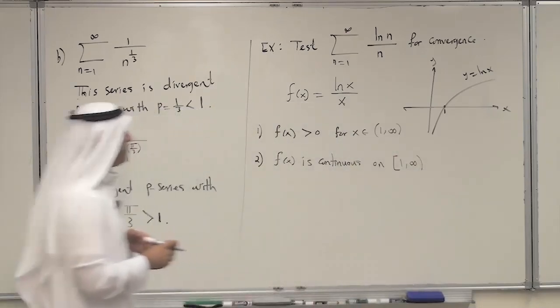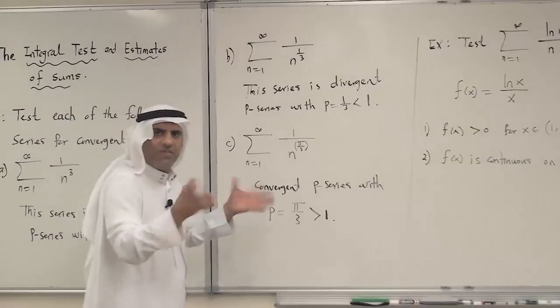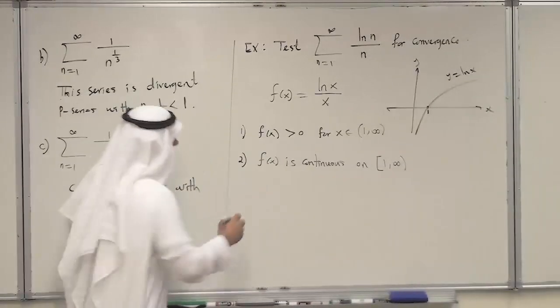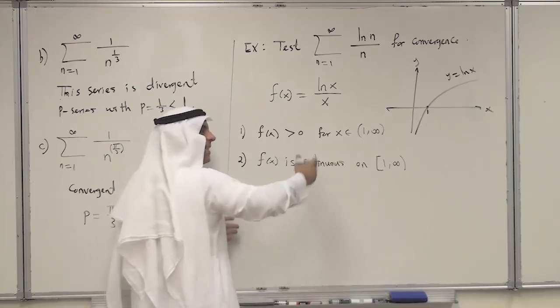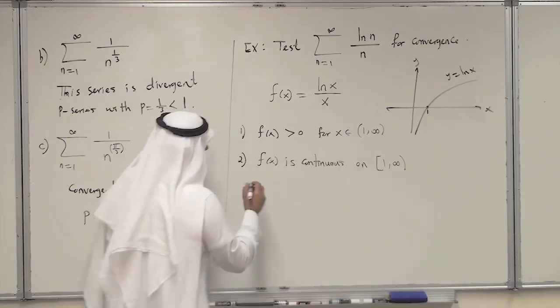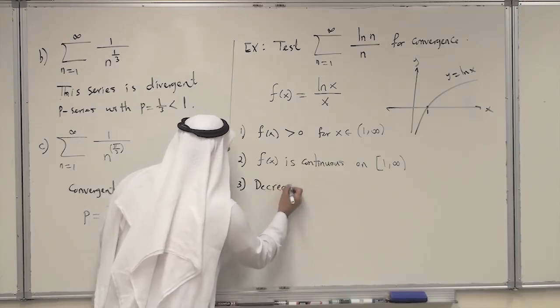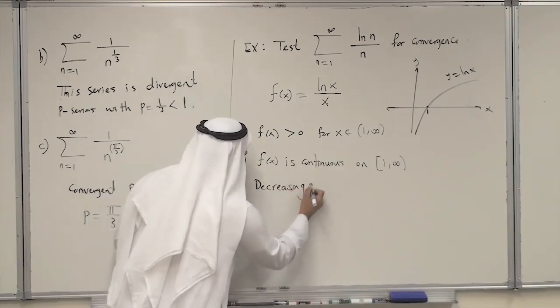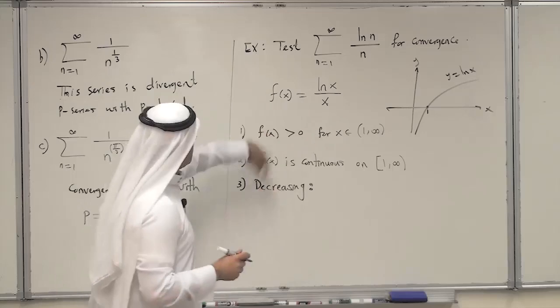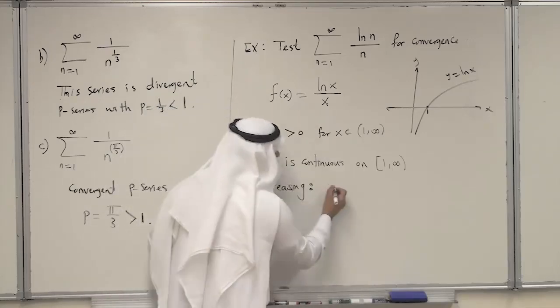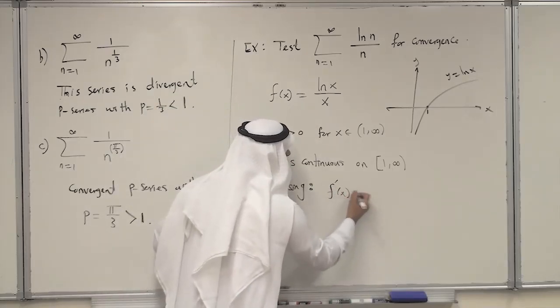Fine. Is it decreasing? We need to check if it is decreasing from 1 to infinity, or from a certain positive integer n up to infinity. For the third one, decreasing, again we will use the tool of the derivative to check this. I will find the derivative, f prime of x.